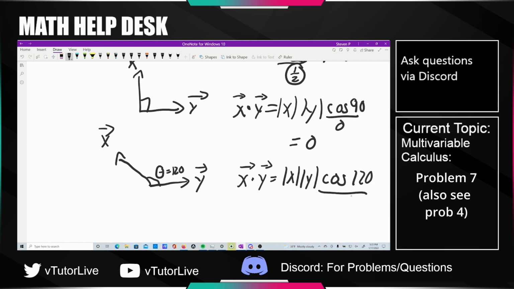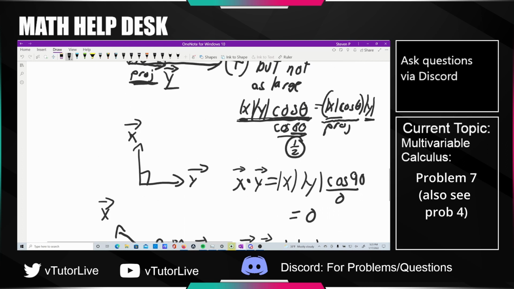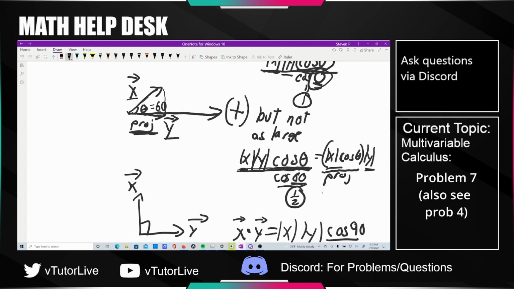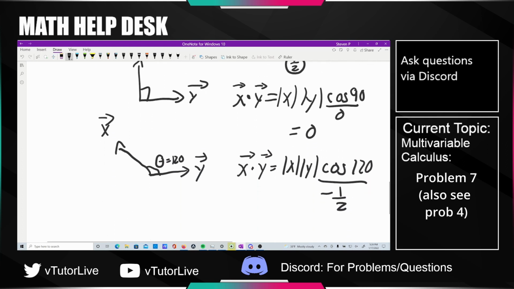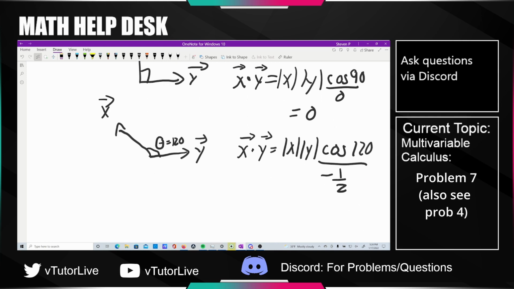This will turn out to be negative a half, if I remember correctly. It's a reflection off quadrant 1, the reflection of 60 degrees, and that was 1/2, so this one ought to be negative one half. The idea here is the dot product is capturing the information that they're more different than they are alike at this point.